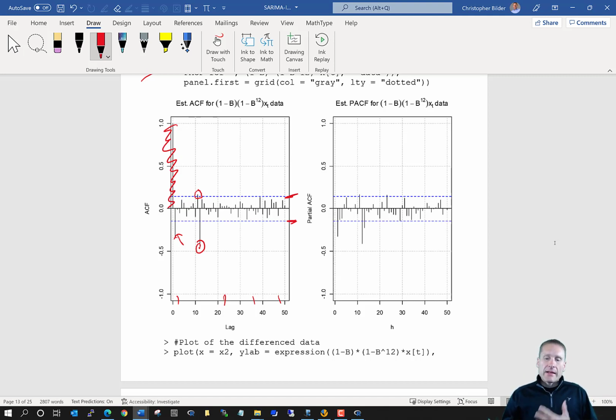Okay. Now for the PACF plot, what we would expect is that with respect to the non-seasonality component, we would have a tailing off to 0. And indeed, that's what we have there. For the seasonality component, we would also have a tailing off to 0. So lag 12, lag 24 about, lag 36, somewhere around there, and so on.